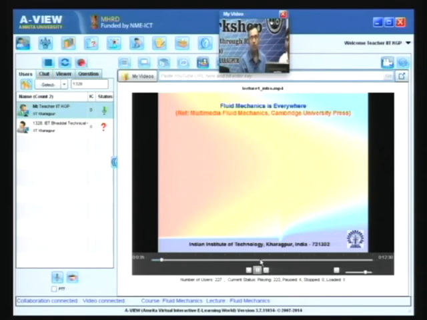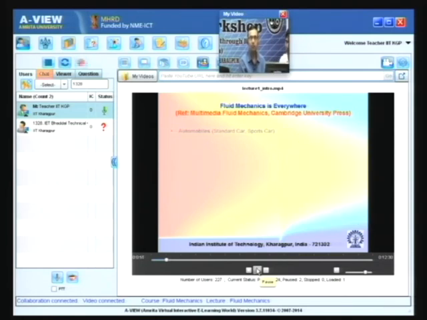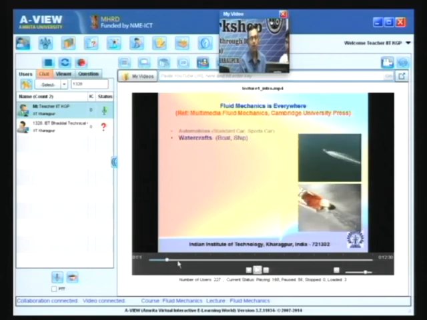Now, to get a motivation, I will be showing you some very nice images, and many of these images are taken from a very nice collection called Multimedia Fluid Mechanics by Cambridge University Press. What do we know about fluid mechanics when we are very young? Most of us are fascinated by automobiles.